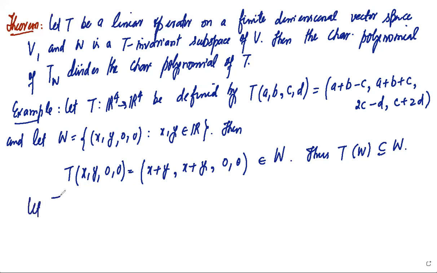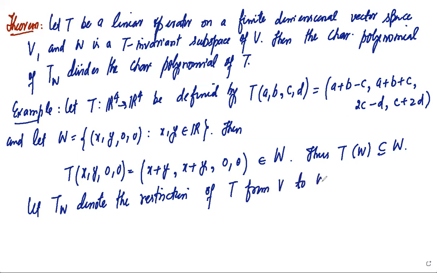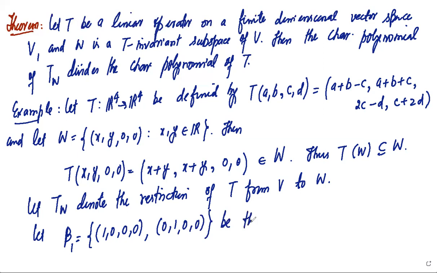So now let TW denote the restriction of T from V to W. Now clearly, let beta 1, which is equal to the set containing 1, 0, 0, 0 and 0, 1, 0, 0, be the basis of W. That can clearly be seen from the definition of W, because we can easily write this vector as E1 times this vector plus E2 times the other vector.